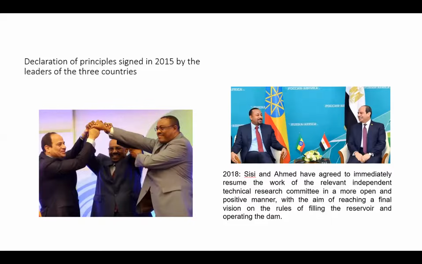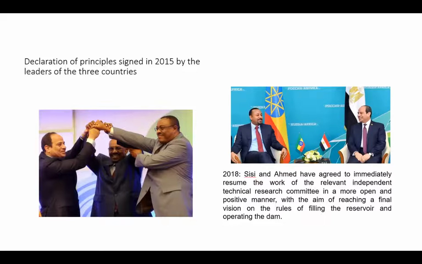The most challenging time came in 2019 as the first stage filling was about to start. Sudan, which had sided with Ethiopia, made an inexplicable U-turn in 2019. Escalation on all fronts happened, and regardless, 2 of the 5 stage fillings happened in 2020 and 2021 without causing significant harm.